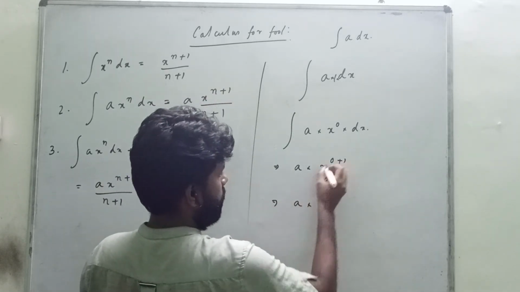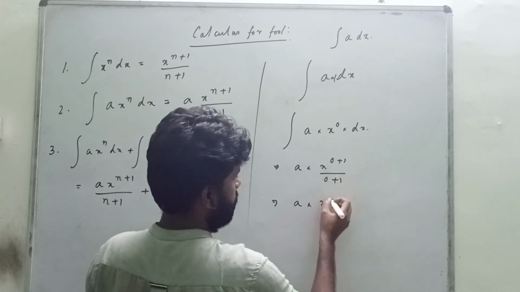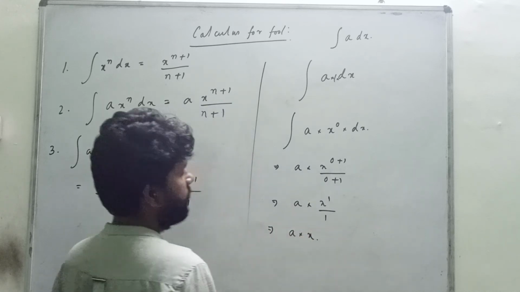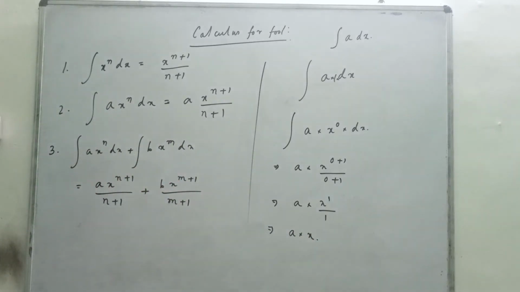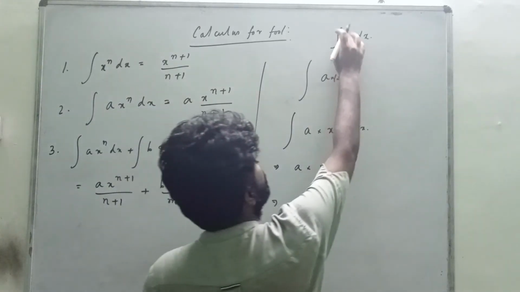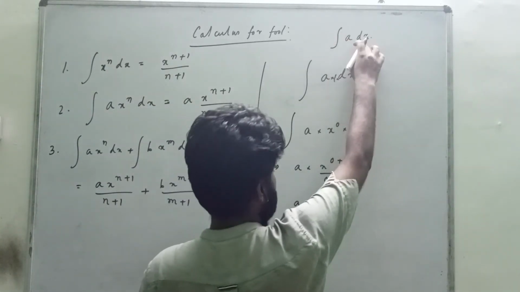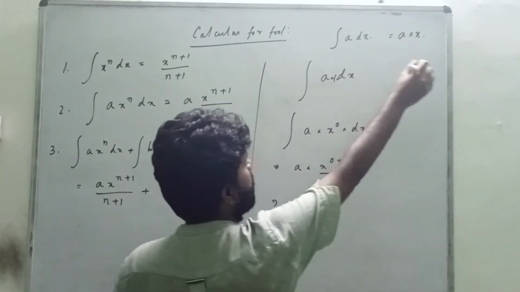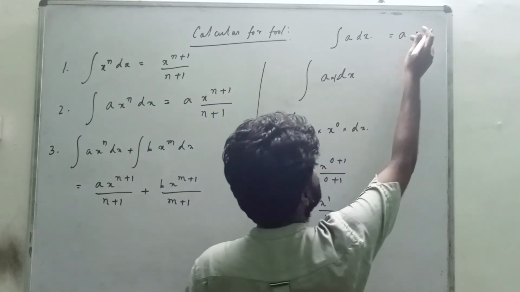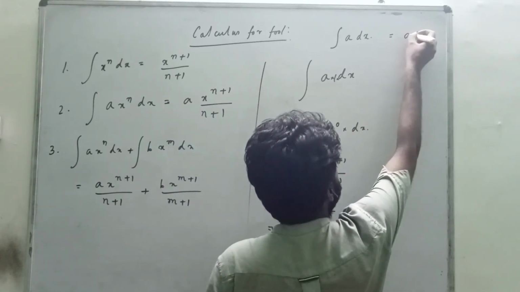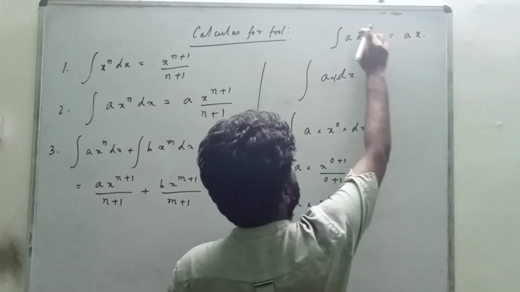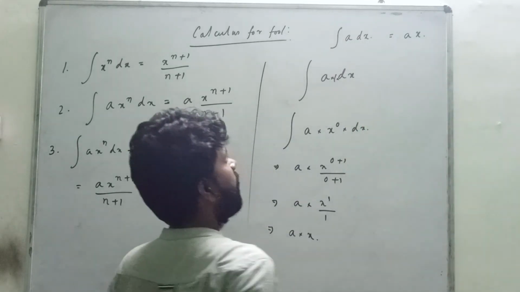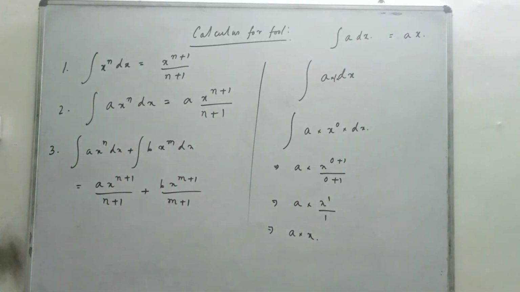So x to the power 0 plus 1 makes 1. So ultimately a into x, right? So if it is the sum of a into dx, you get a into x, because the constant remains constant, and the sum of dx, I mean the sum of little bits of x, is actually x. Very simple.